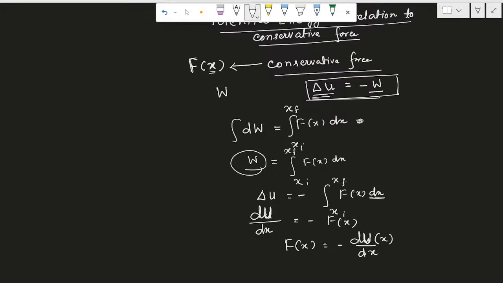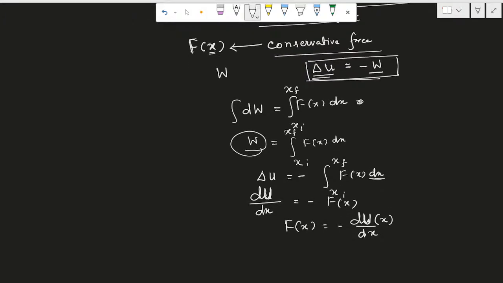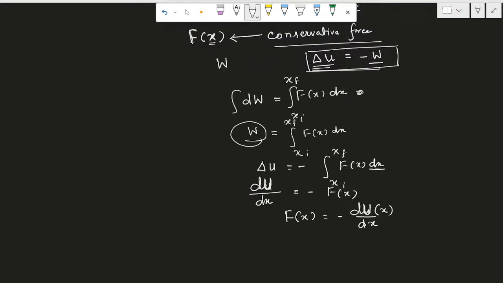U means potential energy, definitely a function of x position. So the conclusion we can draw is that potential energy can be defined as a function of position whose negative gradient gives the force.